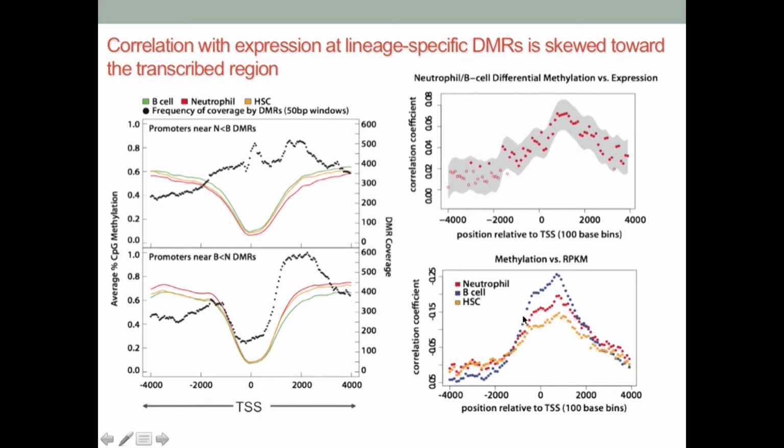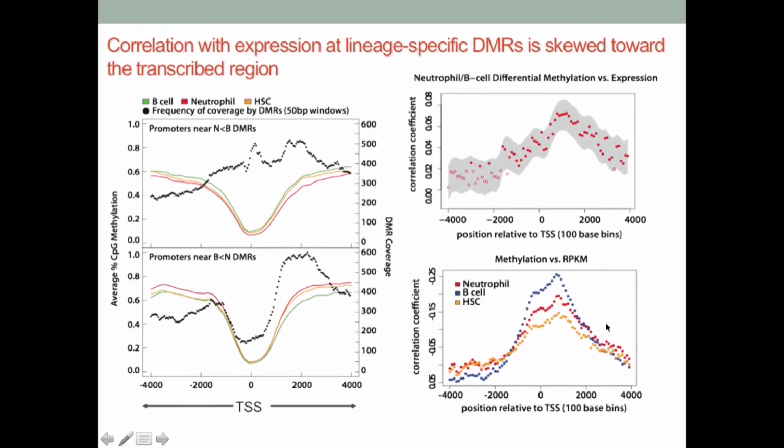Methylation versus RPKM, the axis is inverted so that you see a peak rather than a valley, because methylation and expression should be anti-correlated. And this is basically what you see. We see that the anti-correlation is higher where we see differential methylation, or where we see this expansion of hypomethylation at the TSS.